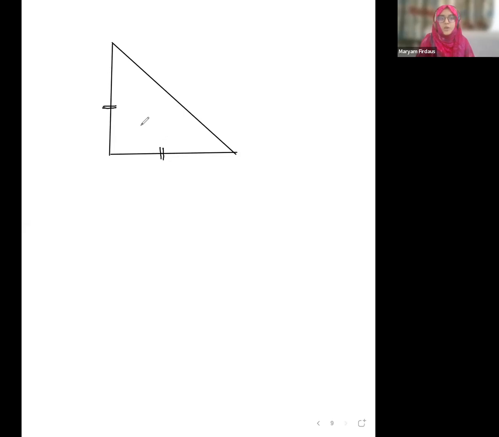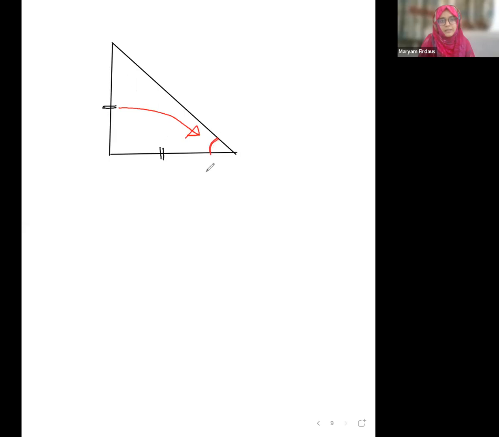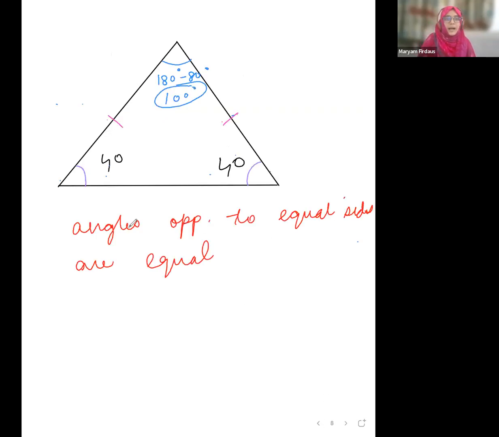So which two angles are going to be equal? X and 45? No. Look at this angle. This angle is going to be equal to this angle. Remember this, Hiba. Angles that are opposite to the equal sides are equal.